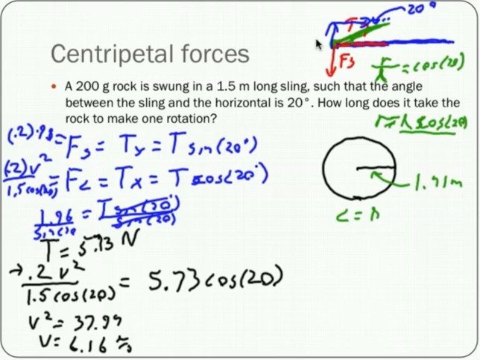So circumference of 8.856 meters. And since our velocity is 6.16, we say 6.16 is equal to distance, 8.856, divided by the time of one rotation. So we multiply t on both sides and divide both sides by 6.16.